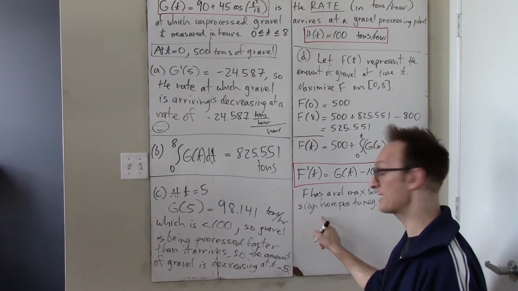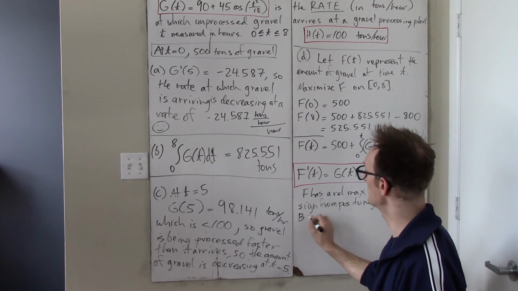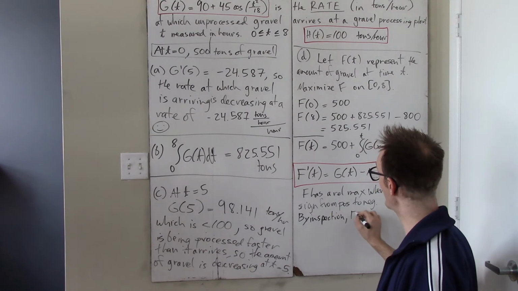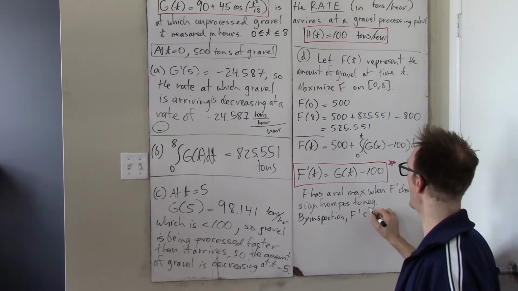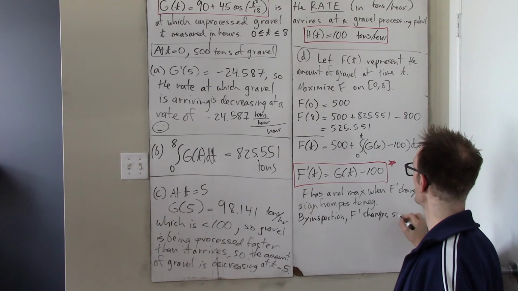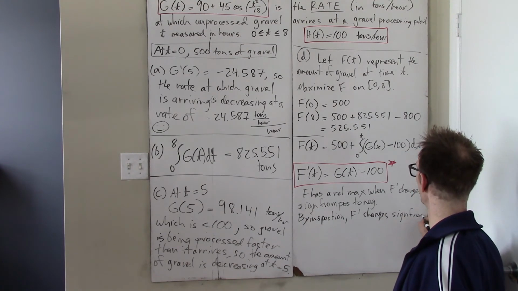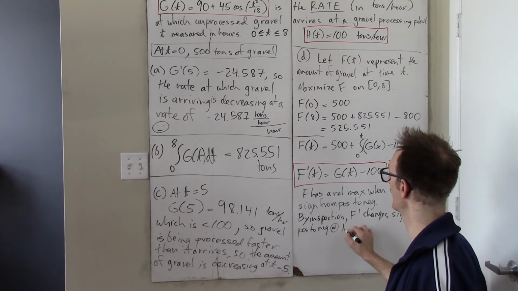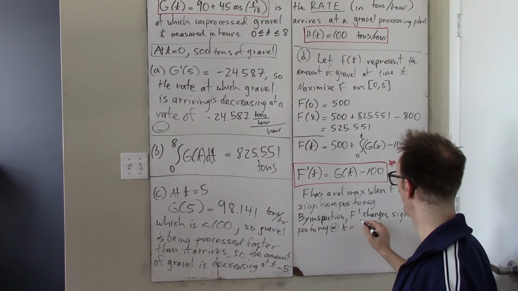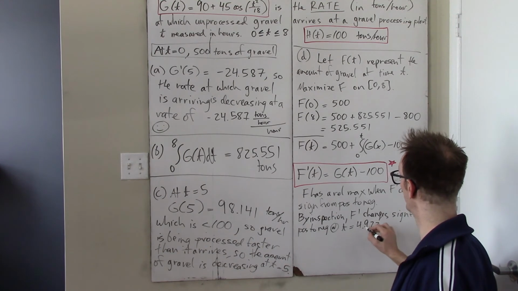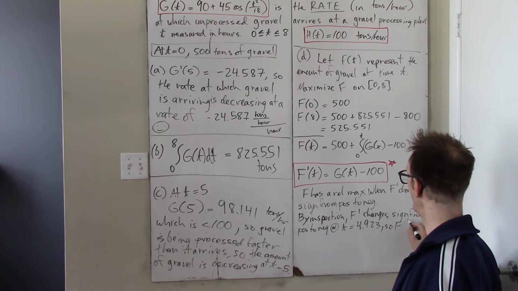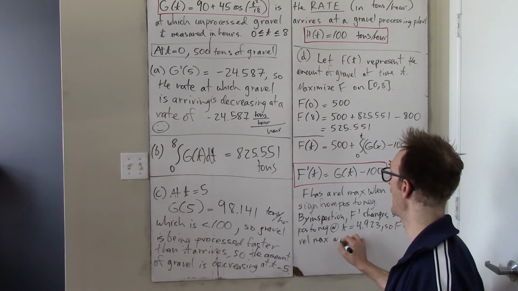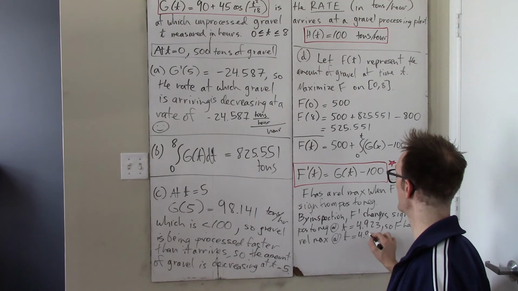And the thing that we're going to now say is that by inspection, which is just another way of saying, I looked at it, f prime changes sign from positive to negative at t equals 4.923. So f has a relative max at t equals 4.923.